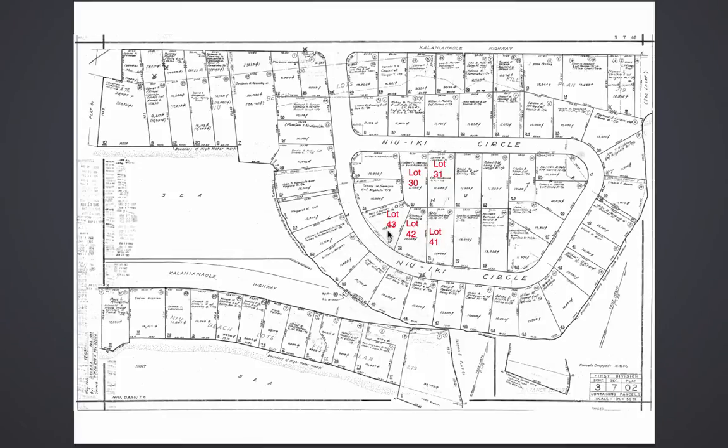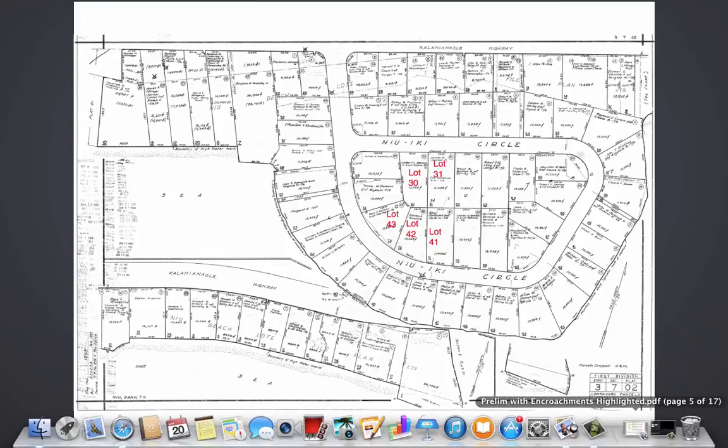We've got the lot on the left hand side, the lot on the right hand side, and an encroachment back here on lot 31. So again, when you're looking at recorded encroachment agreements and they don't refer to a lot number, they might be referring to a parcel number, which are these little numbers down here. 72 and 71 are the ones that we're talking about right now.